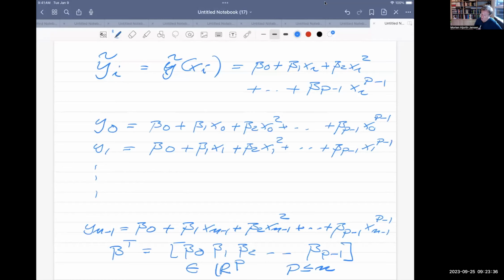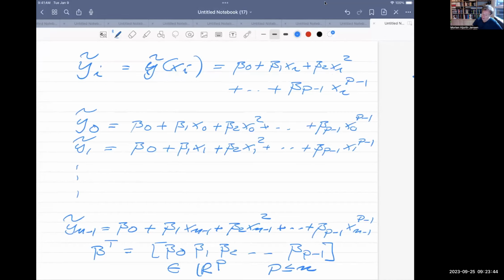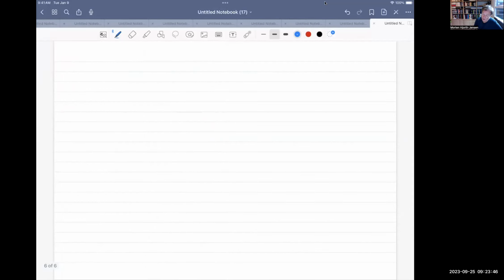Now, what we can do, and I need to put the hats here because these are the models which we're making, is rewrite this in a more compact way as y tilde, which is given by a matrix multiplied with the vector beta. This matrix is normally called the design or feature matrix.